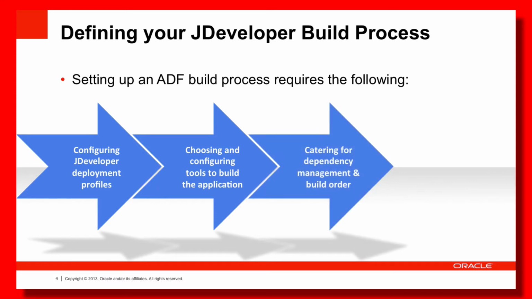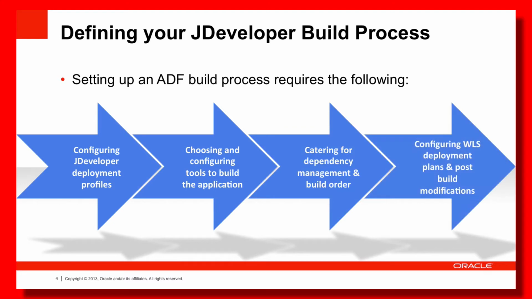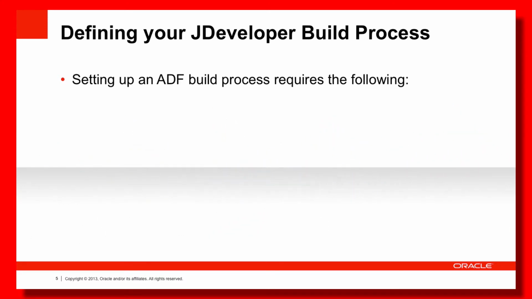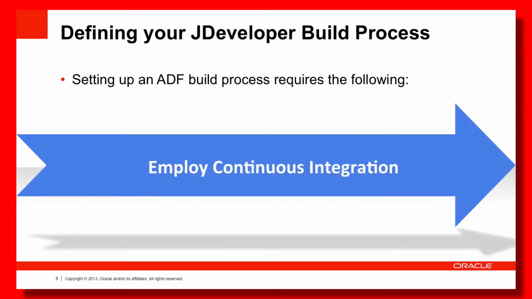Third, dependency management tools and the build order of your application. Fourth, post-build modifications, potentially using WebLogic Server deployment plans and other options. The fifth part that you should really consider, because it is a best practice in software development, is that of a continuous integration server. And really this loops around all of those 4 steps. You're integrating those 4 previous steps into your CI server of choice, being Hudson or Jenkins as an example.